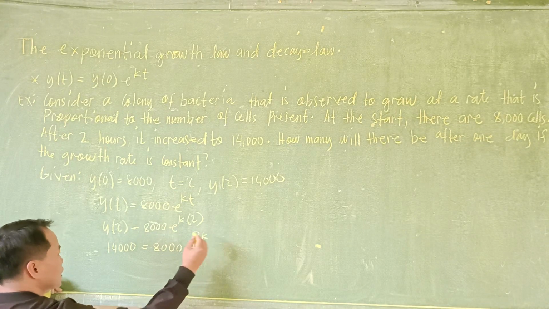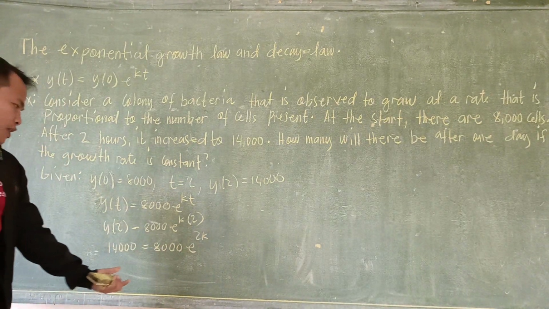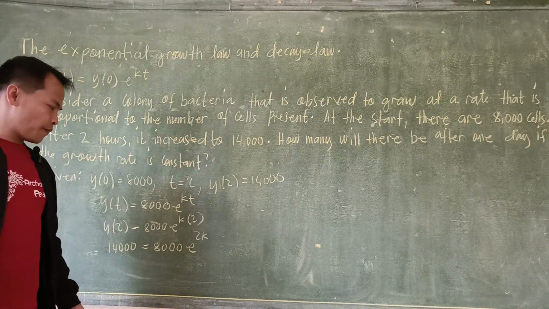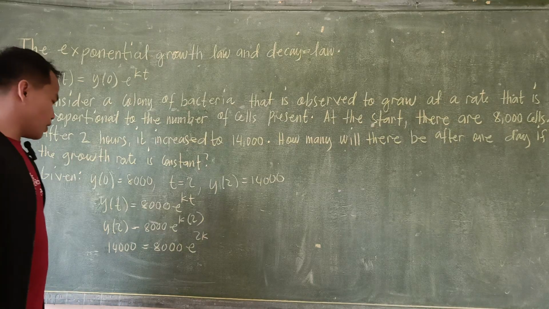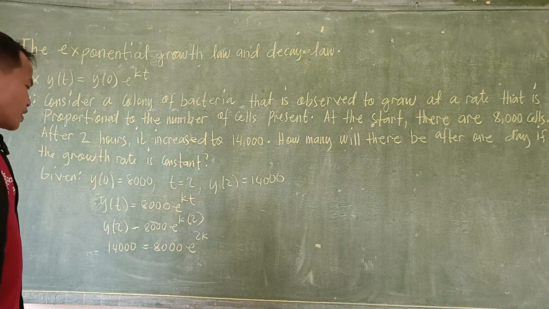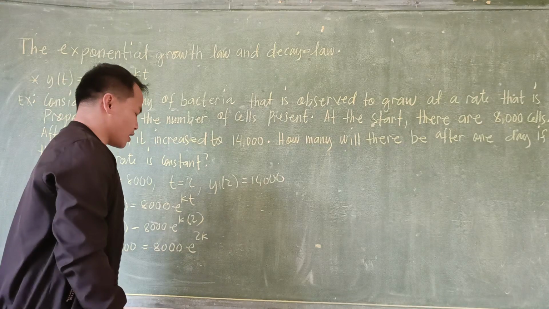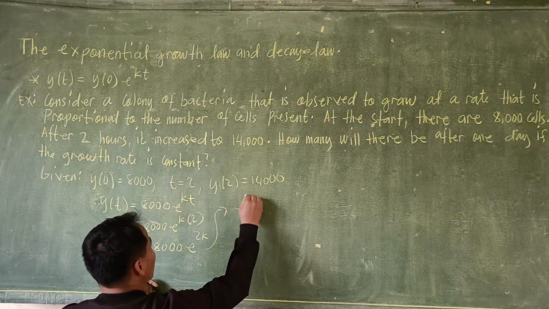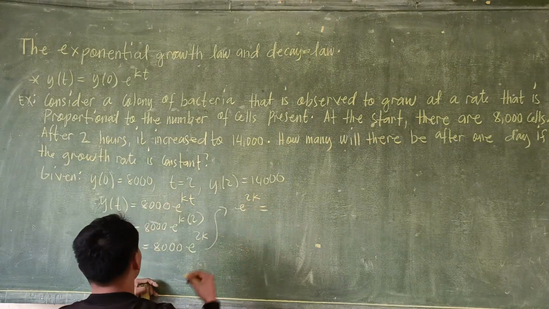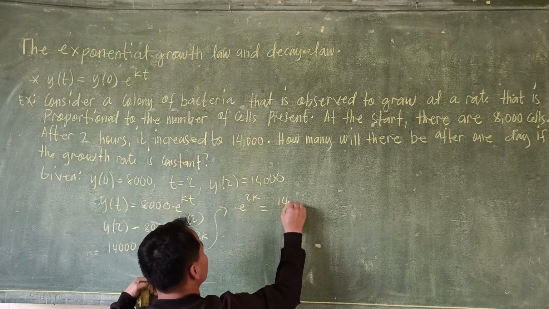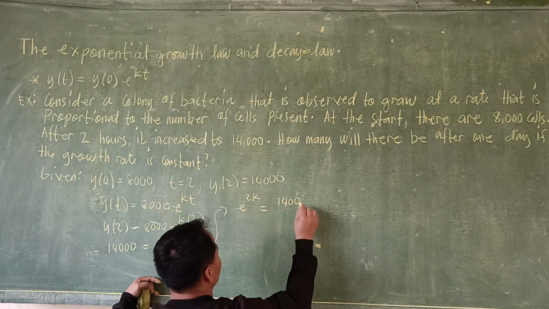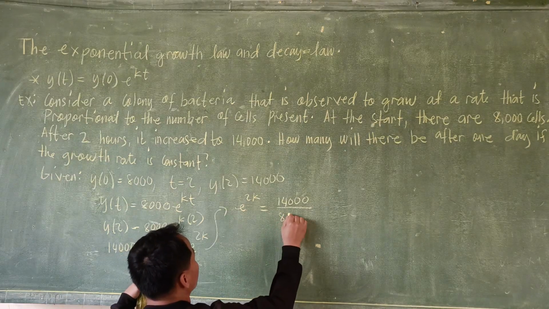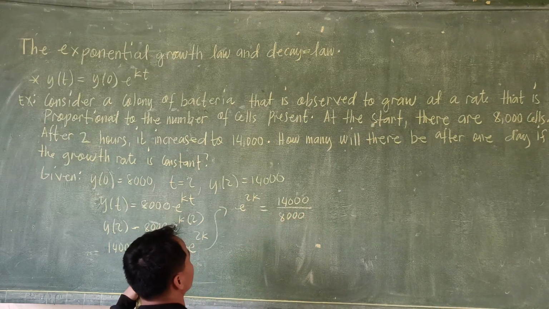Now our goal is to identify first the value of k so that we can solve for the number of bacteria after 1 day. All we have to do is divide both sides by 8,000, so we are left with e to the power of 2k equal to 14,000 divided by 8,000.